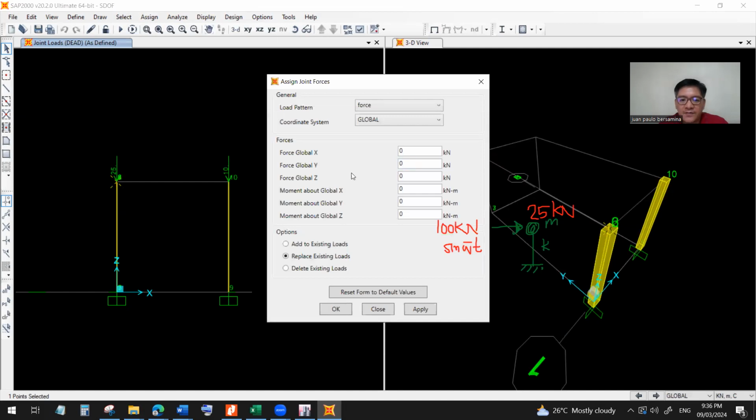Ayan, mag-a-apply ako ng global X force, 1 kilonewton lang. Kasi ganito yung style ni SAP, no? Dahil nag-define ako ng time history load which is harmonic sine, kailangan magde-define ako ng lateral force na yun yung susundin yung pattern. Okay? So 1 kilonewton.